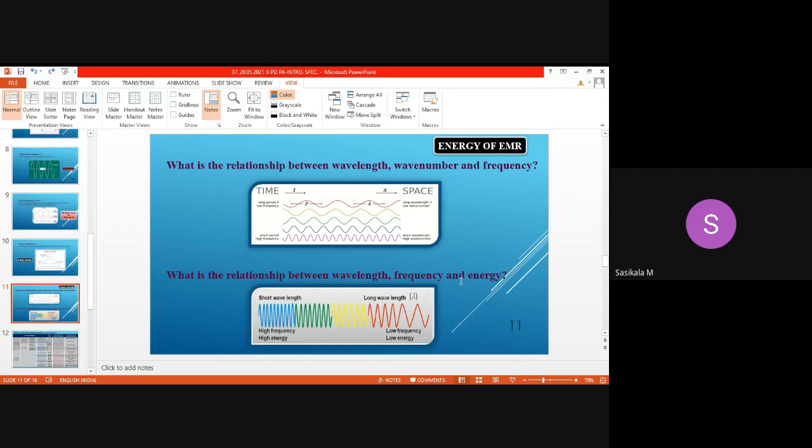So energy, frequency and wave number, these three parameters are directly proportional, whereas wavelength is inversely proportional to the other parameters. Clear? If you have not understood, observe this picture, it will be easily understood.